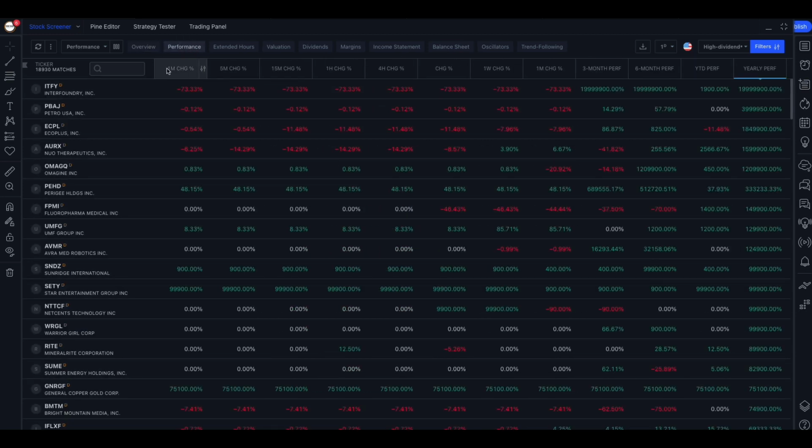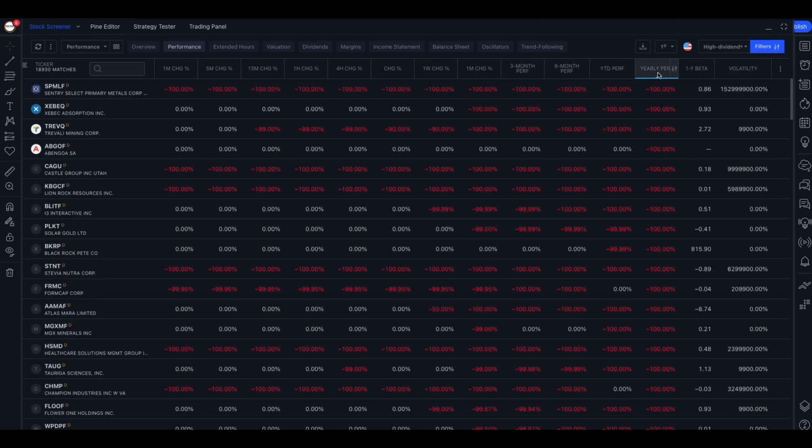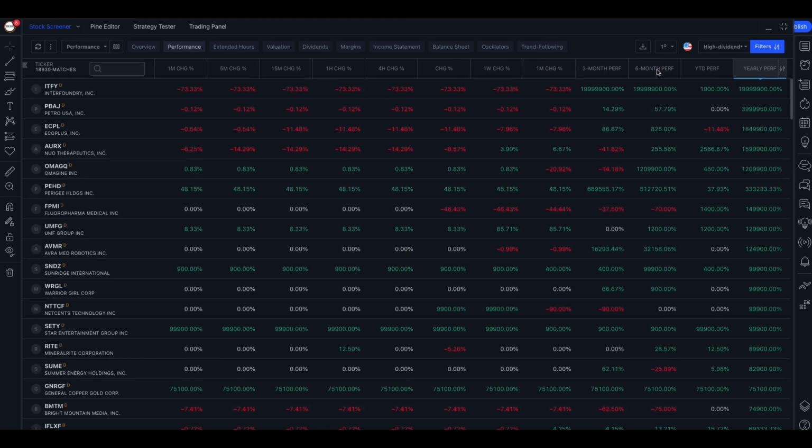We can see that the performance is sorted by time frame, starting all the way from 1 minute to yearly performance. As you can see here, I've already clicked to make sure that I filter by yearly performance. I'm filtering this in a descending order, meaning that I'm starting with the largest number going all the way down.